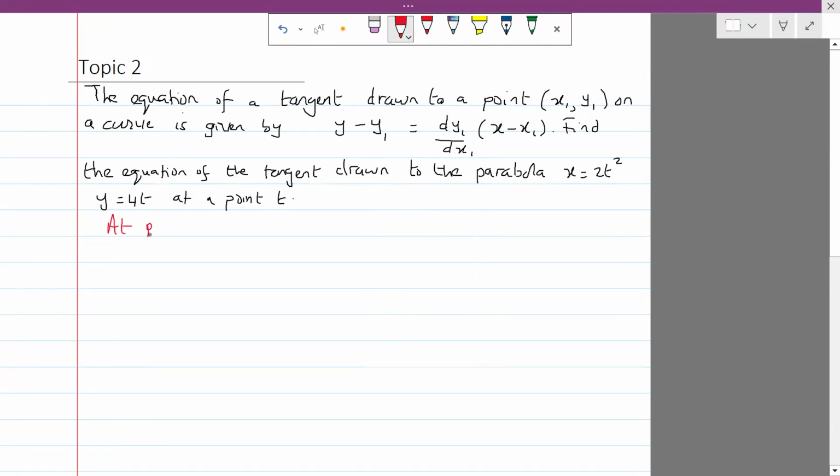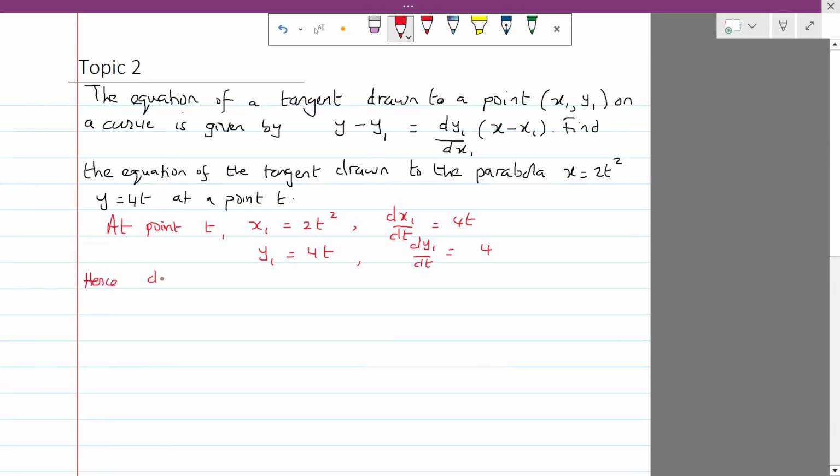At the point T, x1 becomes 2t squared, and dx1 over dt is going to be equal to 4t. And at the point T, y1 becomes 4t. What becomes dy1 over dt? This becomes 4.